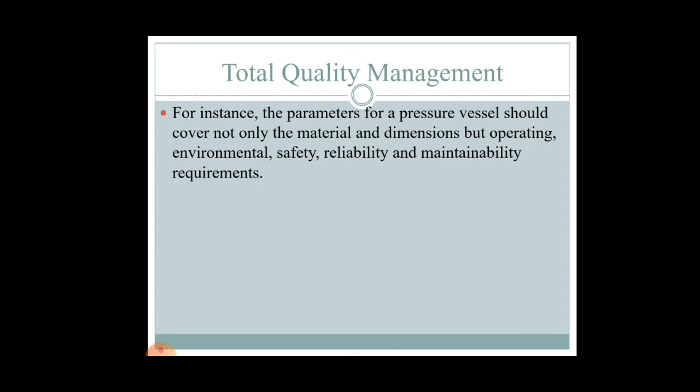For instance, the parameters for a pressure vessel should cover not only the material and dimensions, but operating, environmental, safety, reliability, and maintainability requirements. That means while selecting some equipment or some product, we should inspect it thoroughly for not only its appearance or its looks, but also for any damage.